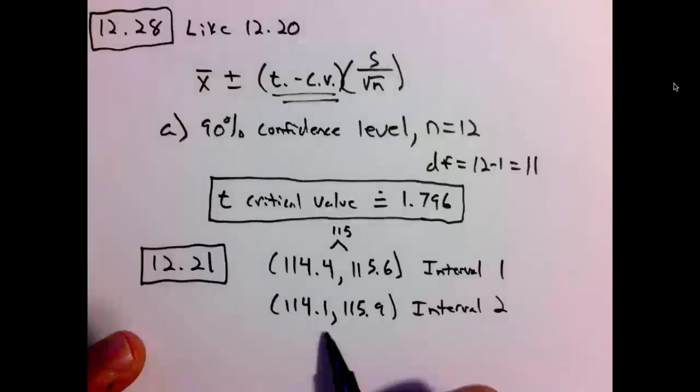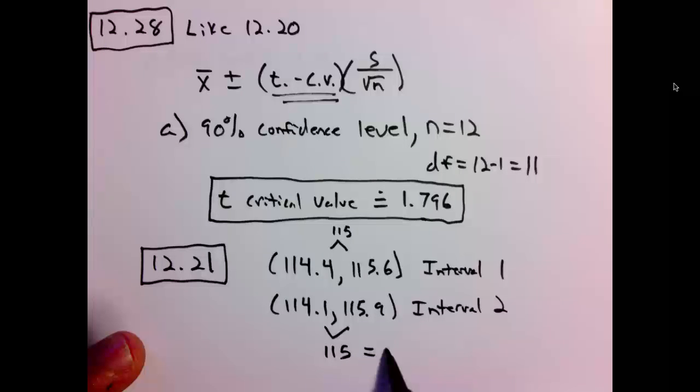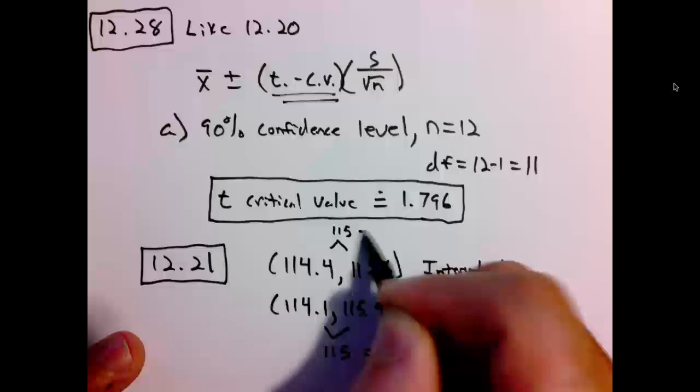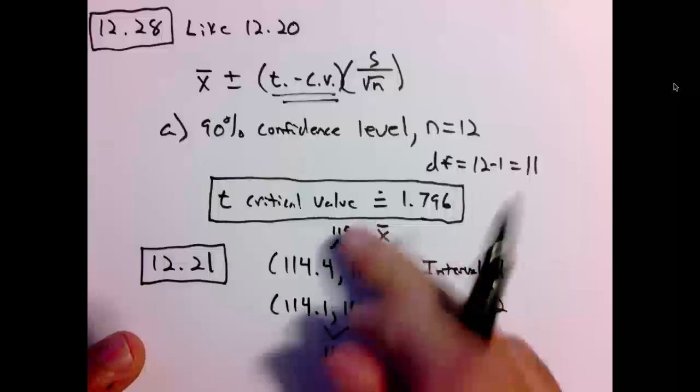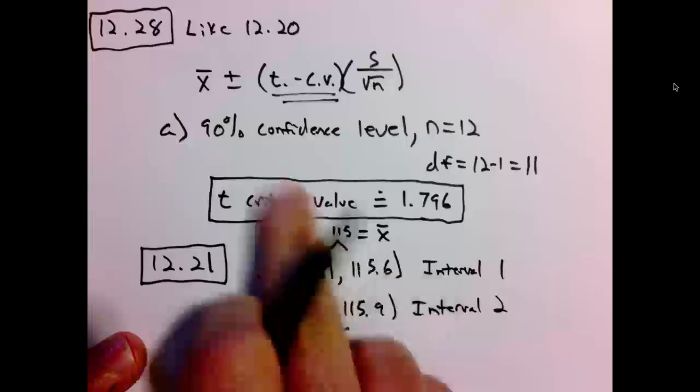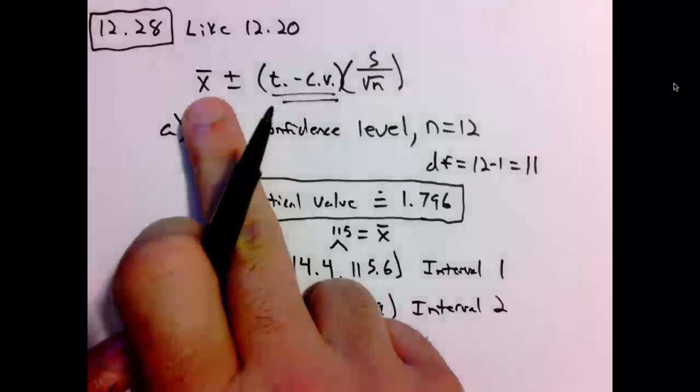Same way for the other one. They're both centered on 115. Why? Because they came from the same sample data. X bar is the same in both cases.